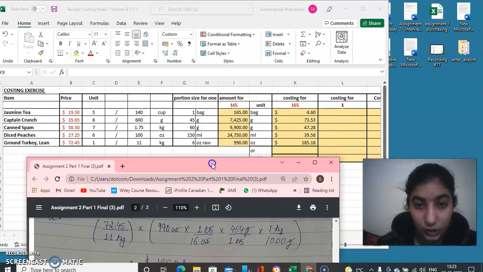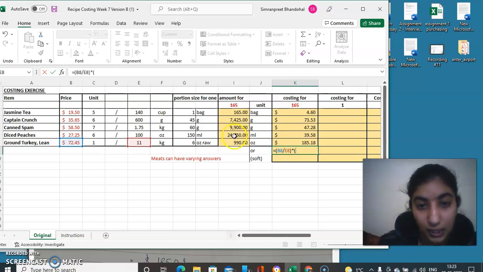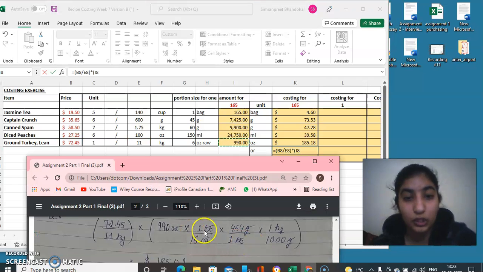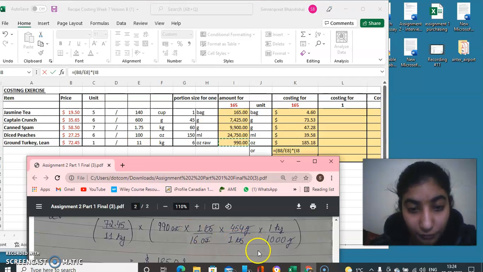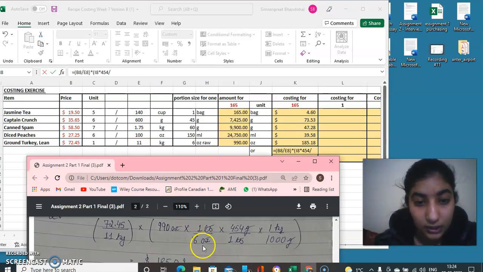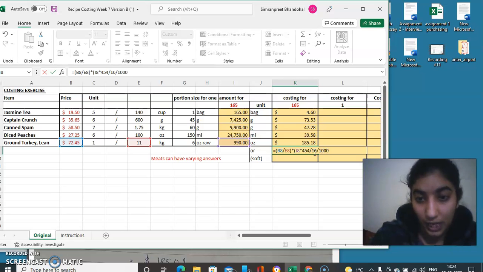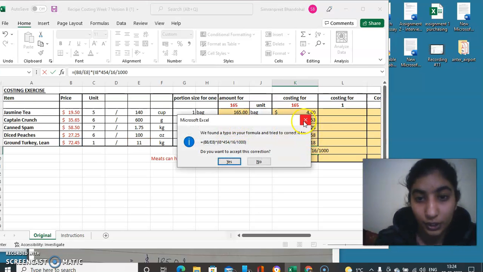Let's do it in the Excel sheet, where we will do is equal to bracket start price per unit divided by the total amount and multiply, bracket start 990. This time we need to multiply it by 454 and then divide it by 16 and then further divide it by 1000, as per our handwritten equation we are using.